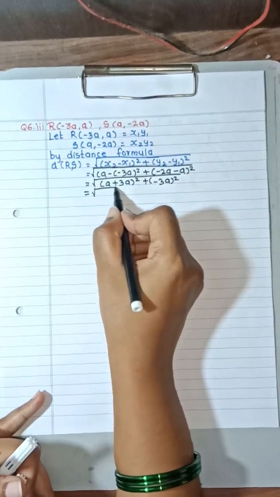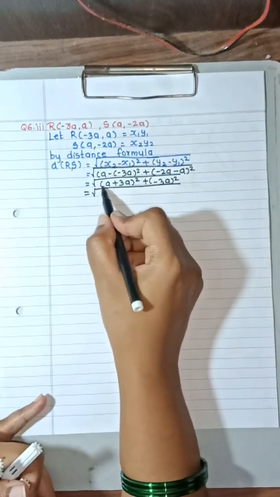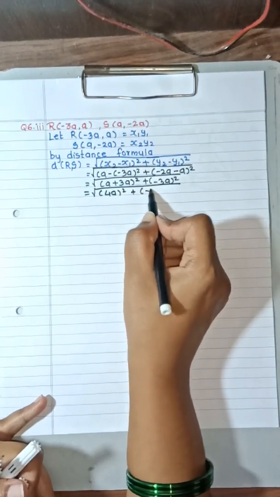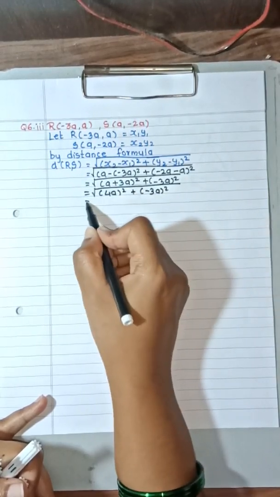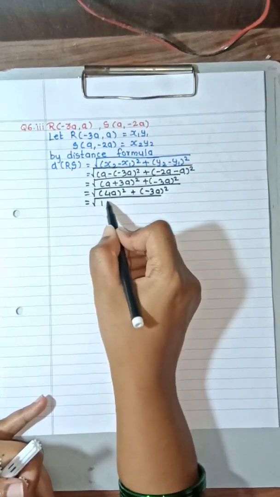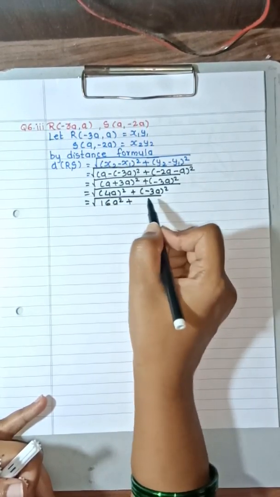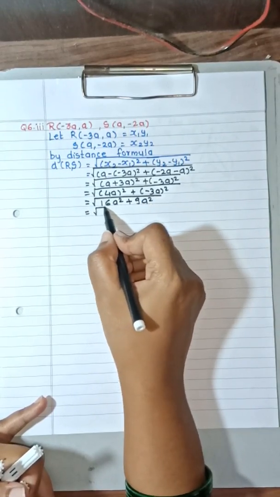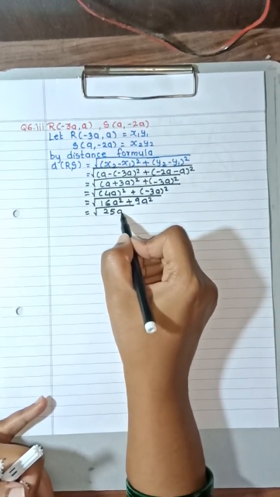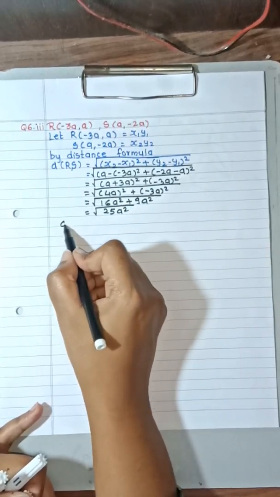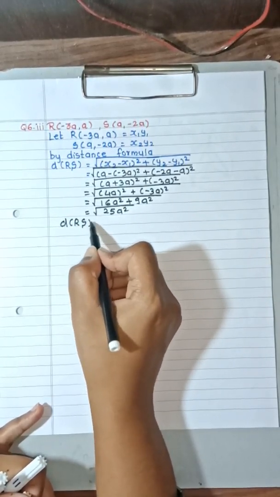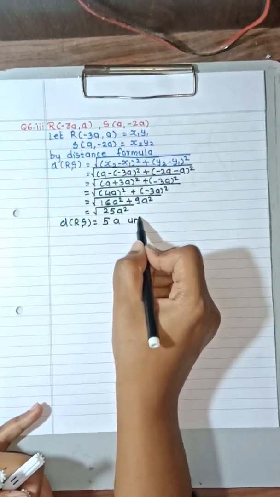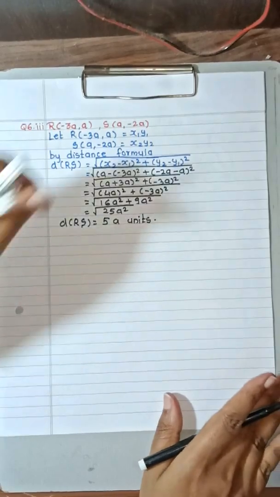Now this will be equal to (4a) whole square plus (minus 3a) whole square. This is equal to 16a square plus 9a square. Okay, that will be under root of 25a square, and distance RS will be 5a units. So in this way we have completed question number 6.